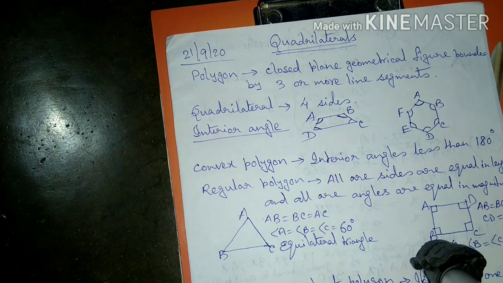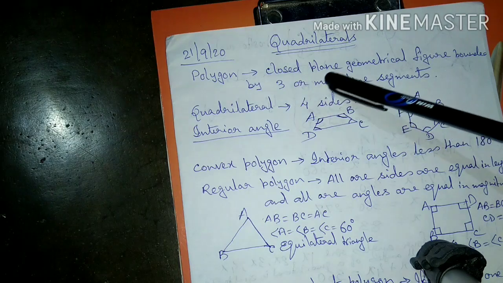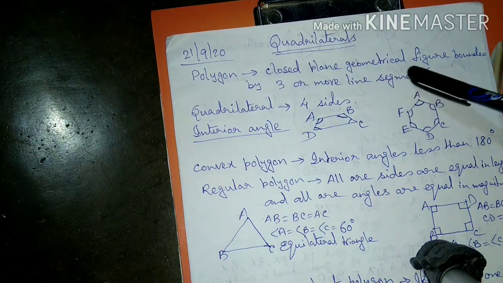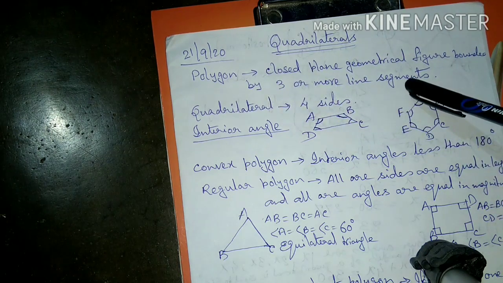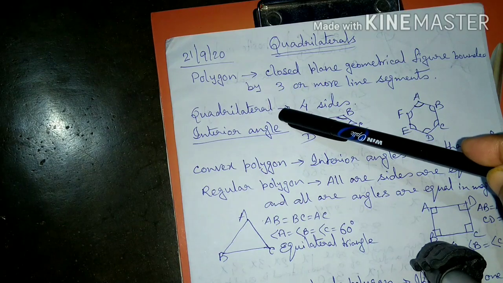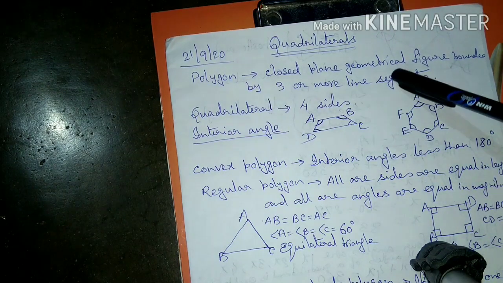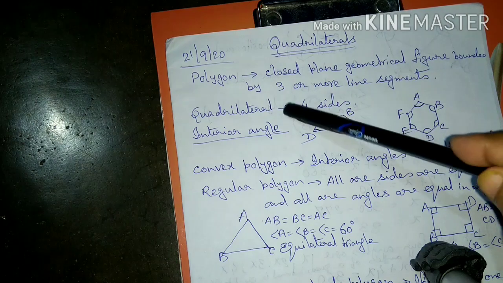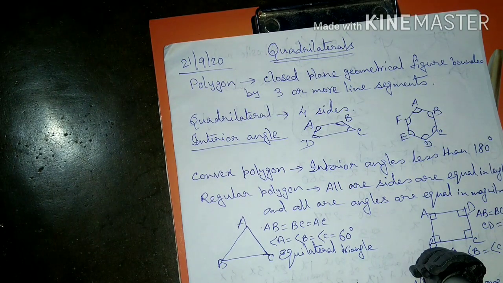In rectangle, how many sides are there? 4 sides are there. So polygon means a plane closed geometrical figure which is bounded by 3 or more line segments. Now what is quadrilateral? Quadri means 4. So a closed plane geometrical figure which is bounded by 4 sides, that is called quadrilateral.